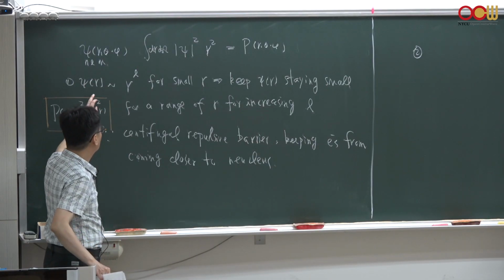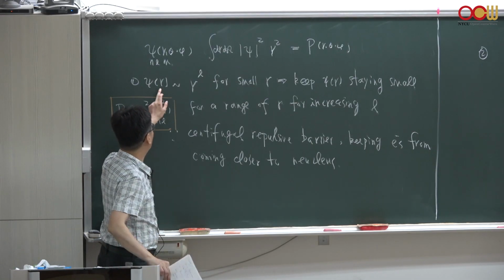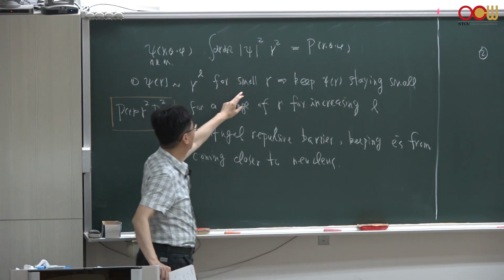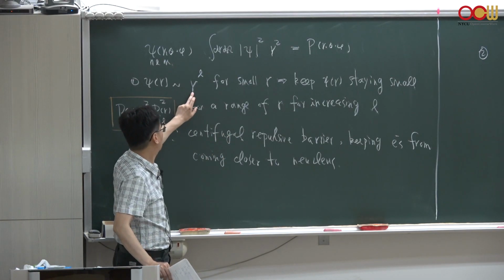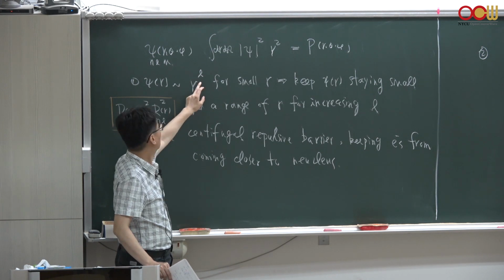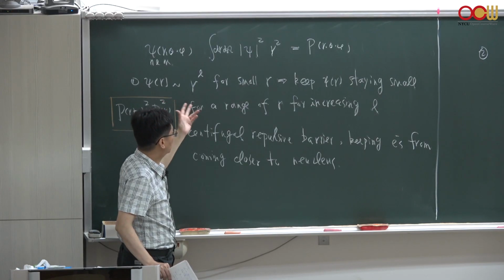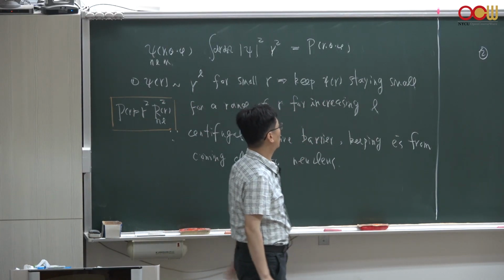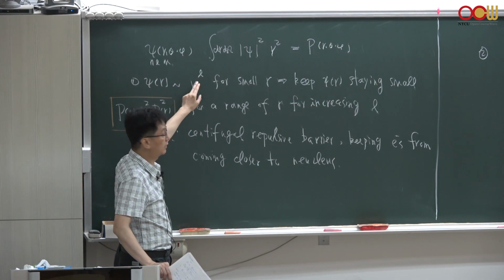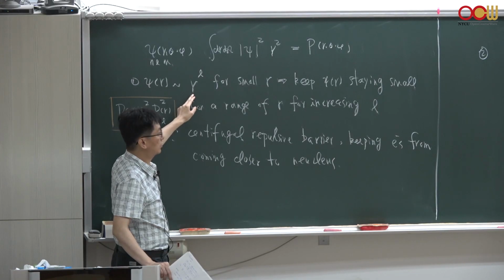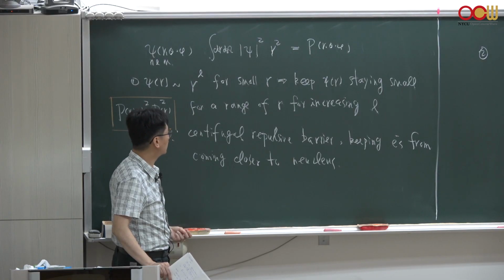For example, if you look at the r dependence of this psi for small r, where the radius is small, you can show that it is given by r to the power L. This tells us the system would like to keep psi of r small for a range of r with increasing L, because as L increases, r to the power L becomes smaller and smaller.